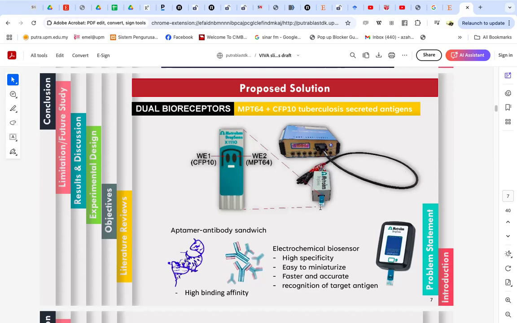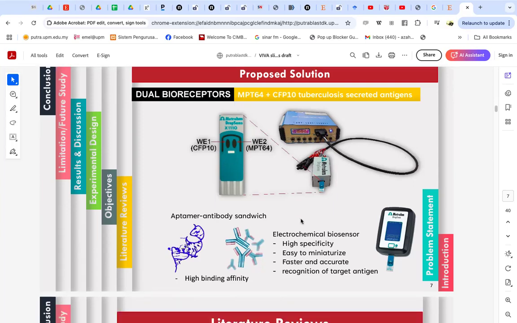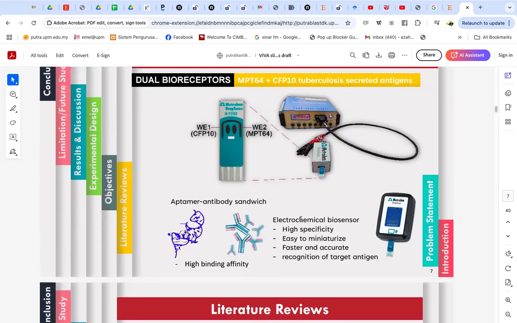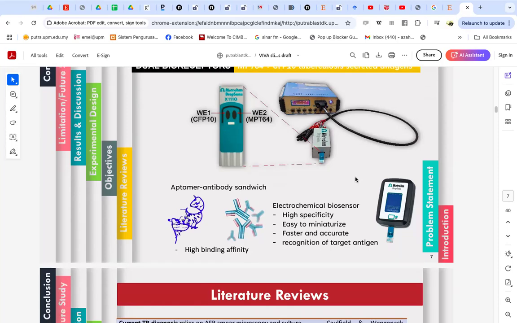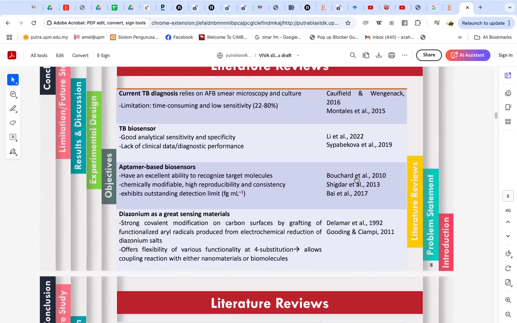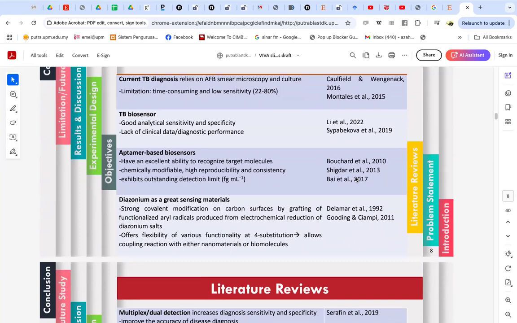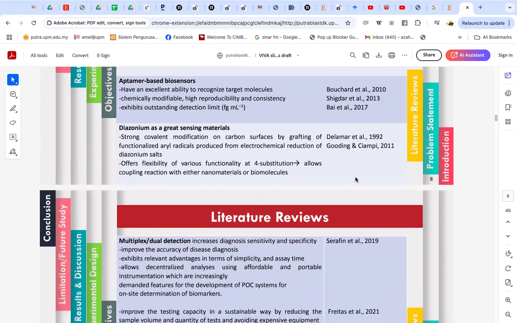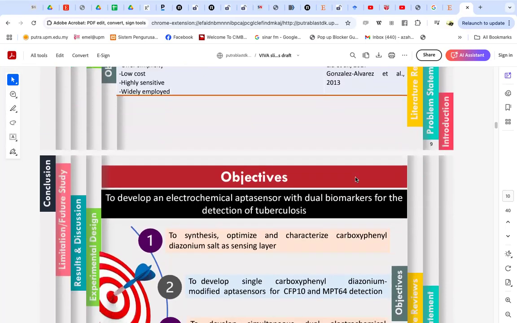And the principle is that once the interaction between the aptamer and the CFP10 and MPT64 happens, we can observe a signal generated from the electrochemical device. Okay, so this is the literature review. Of course, when we do research, we have to confirm at the beginning from literature what we hypothesize.